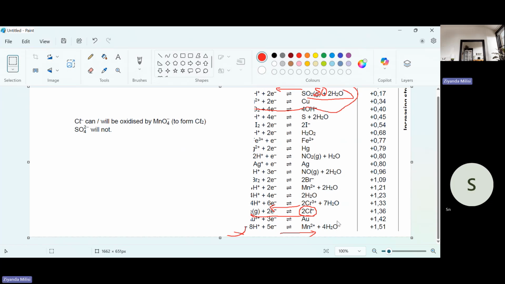Then the other question. It was a 30 marks question. These questions carry a lot of marks.